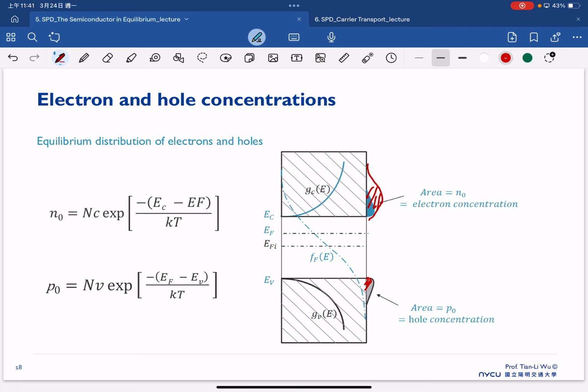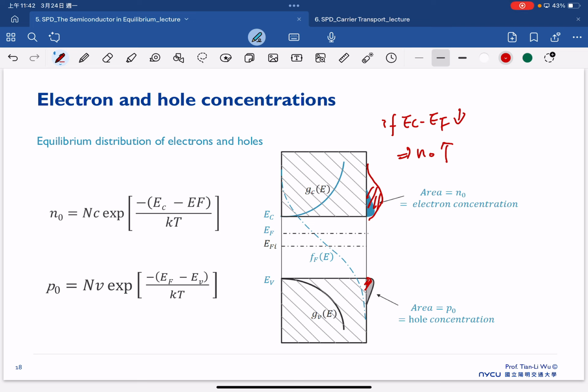So if you don't remember the equation, and every time you feel it is very complicated to draw this complete figure, because the figure drawing takes some time, in the end, the conclusion is just: if our EC minus EF is smaller, our N0 is increased.